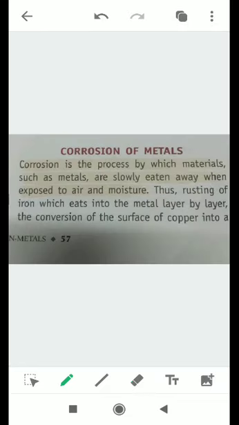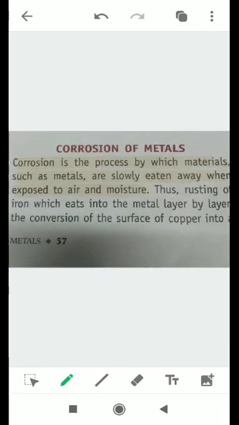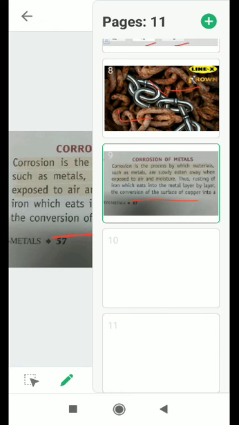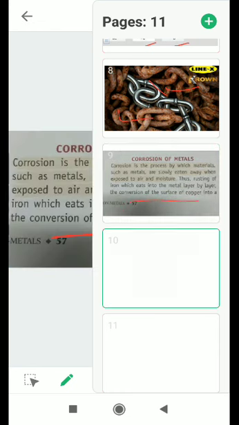Corrosion is the process by which materials such as metals are slowly eaten away when exposed to air and moisture. Another way to say it is the gradual reaction in which deposition of unwanted substance takes place on the surface of the metal by the action of moist air. All metals get corroded, students.